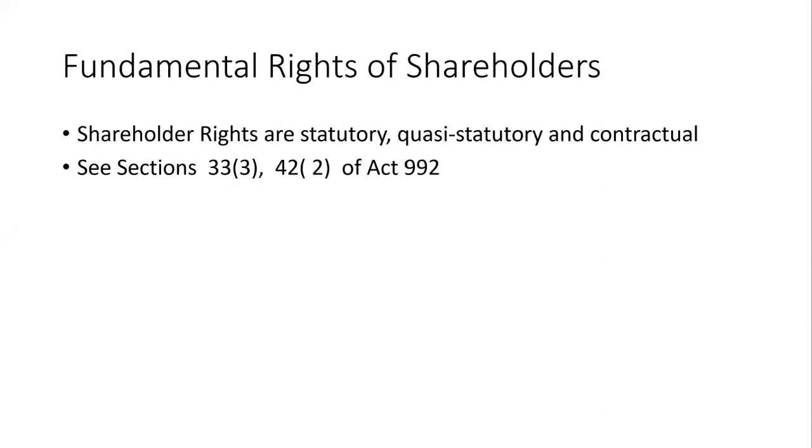If you are not dealing with a company limited by shares, then if you say a member, it doesn't mean a shareholder. For example, companies limited by guarantee are not supposed to create shares. So if you say a member in relation to that, it doesn't mean a shareholder.